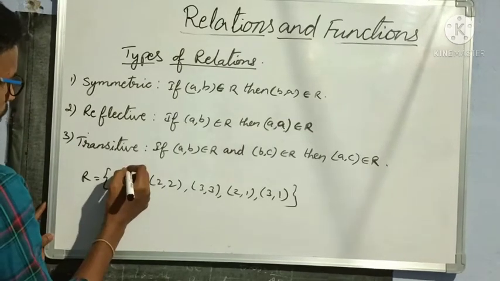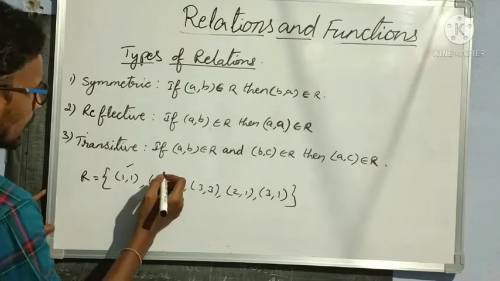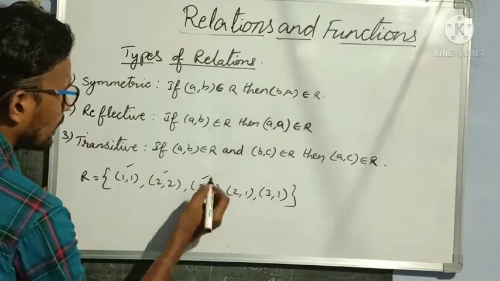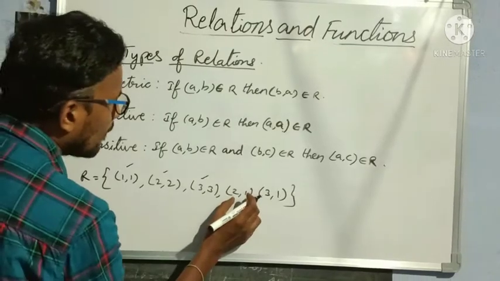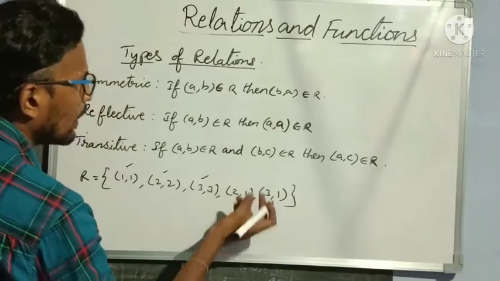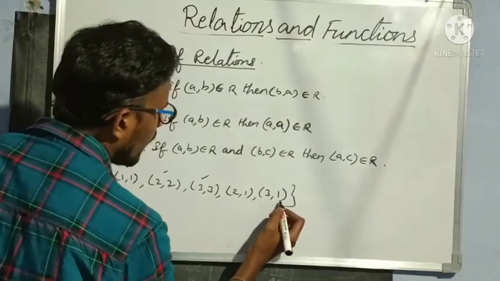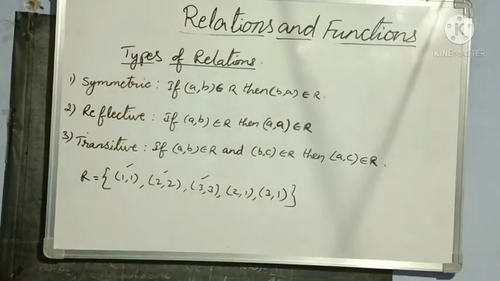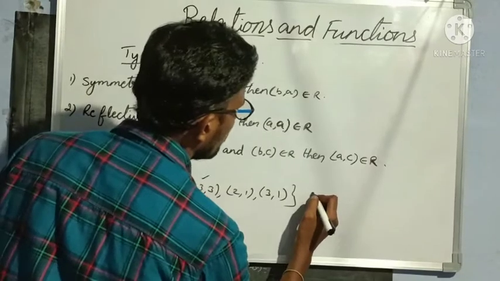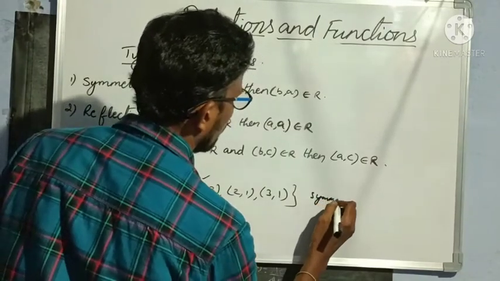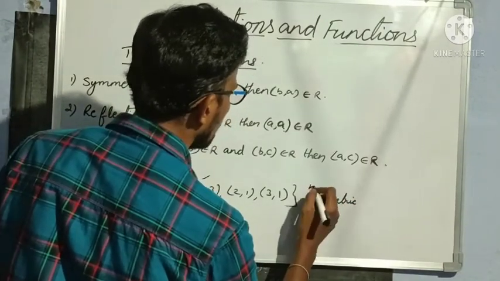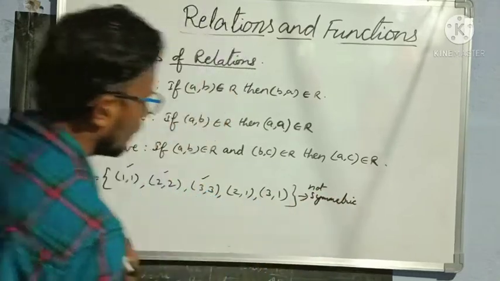So this is okay. Next (2, 2) is also okay, and (3, 3) is also okay. Here (2, 1) is there. Is the reverse of this, that is (1, 2), there in this relation? Not there. In the same way (3, 1) is there. Is (1, 3) in this relation? No. So this relation is not symmetric. Understood?